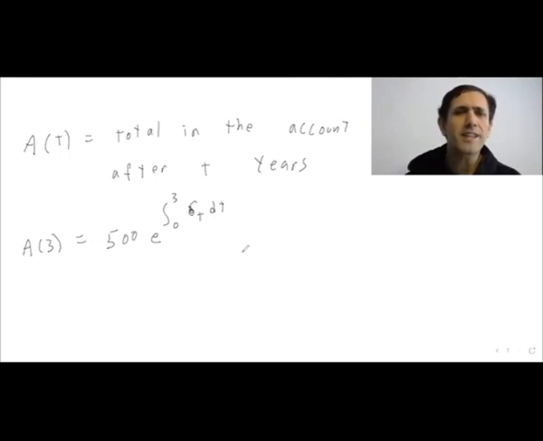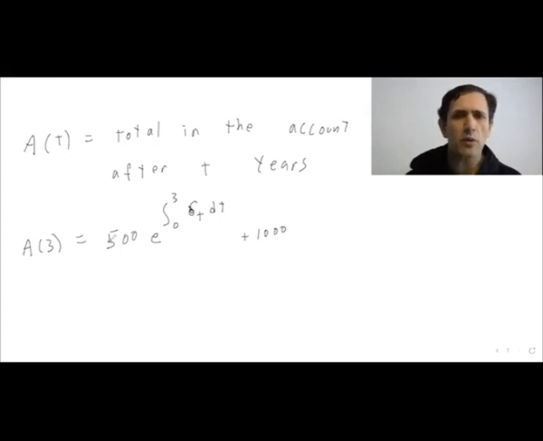But after 3 years, and immediately after this $500 grew to whatever, we deposit $1,000. So it makes sense to just add 1,000. Now we're looking immediately after the $1,000 deposit at the end of 3 years, so this 1,000 doesn't grow any.